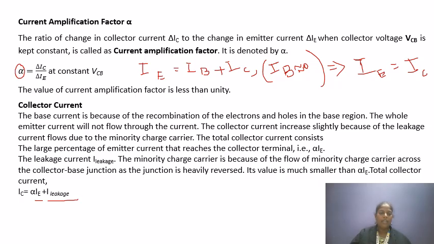So by this formula, IC is equal to alpha into IE. Therefore, the collector current is alpha IE plus leakage current, due to the minority charge carriers. With this we can conclude our concept.